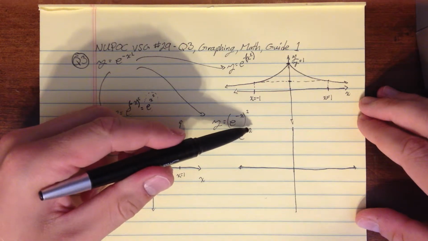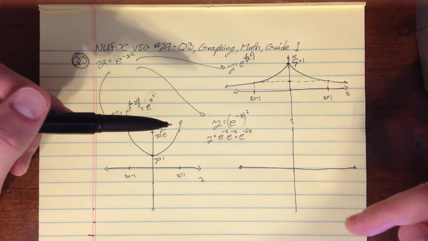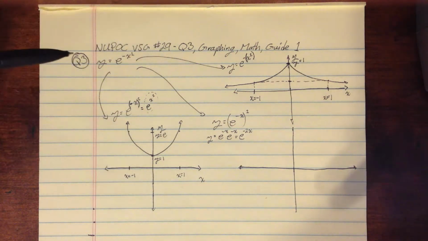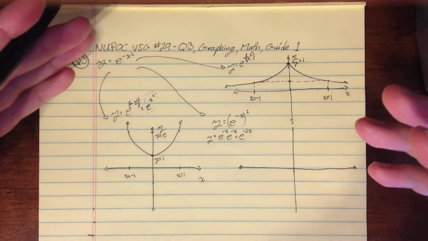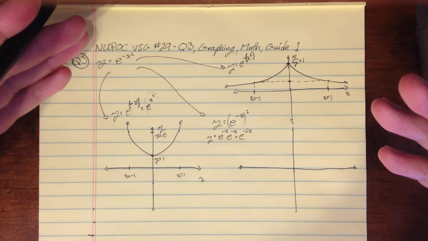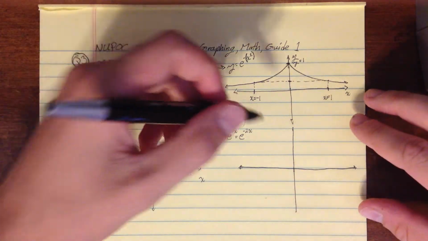At x equals 1, it's going to be 1 over e squared. At x equals minus 1, it's going to be e squared. So it's going to grow. It's going to have a completely different shape, basically.